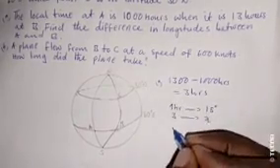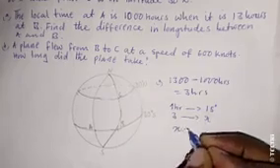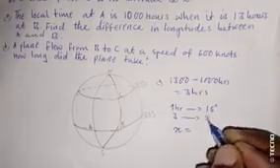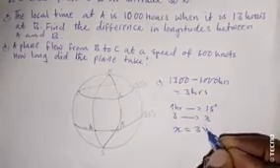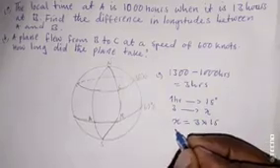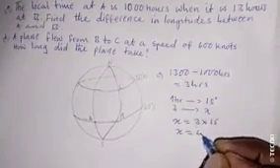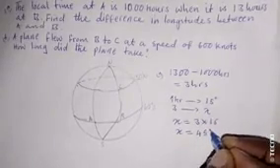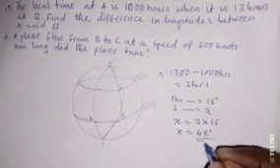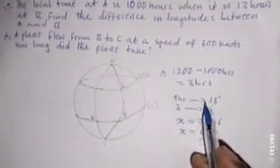We multiply, and x is equal to 3 times 15. Remember this is paper 1, we don't use a calculator. Here you get 45 degrees. This is the answer, the difference between A and B.